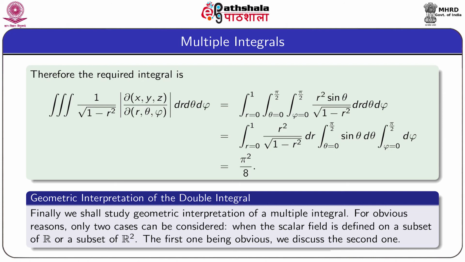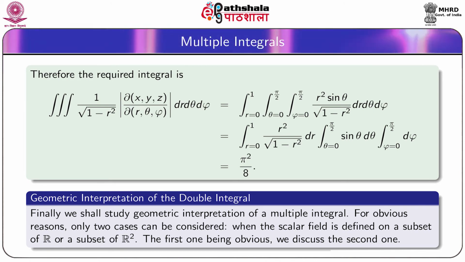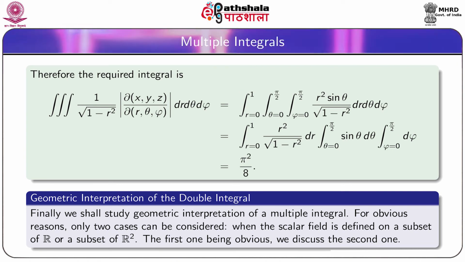First, when the scalar field is defined on a subset of R, that is, whenever we consider Riemann integral, we know in this case the geometric interpretation is that we evaluate the signed area bounded by the graph of the function, two vertical lines corresponding to the limits of integration, and the x-axis. Second, whenever the scalar field is defined on a subset of R2, we discuss it here.